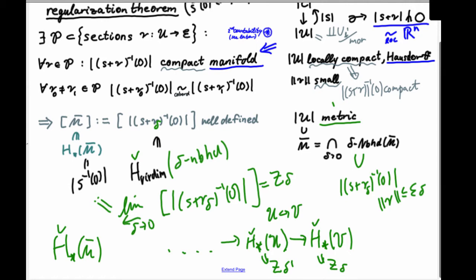Then I need some algebraic property of Čech homology that says when you have cycles in each one of them, and the push forward maps always make them agree, then the inverse limit exists and is unique, and all cycles in the Čech homology of the limit you can get that way.